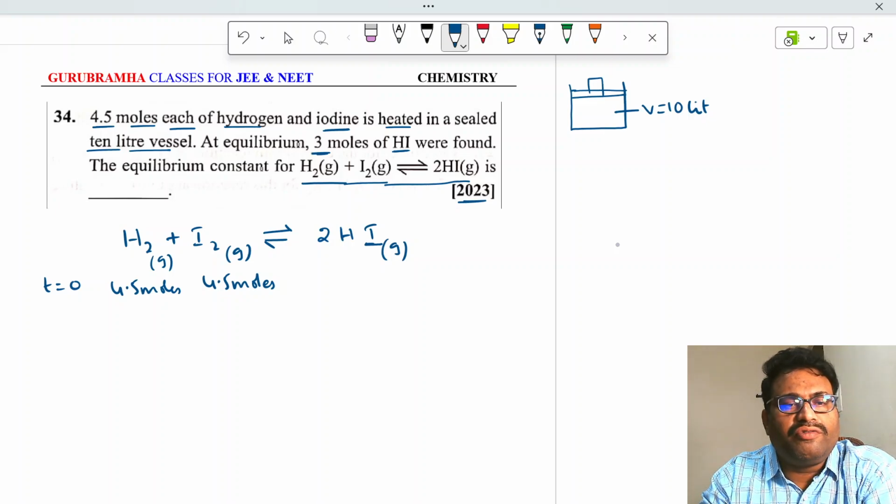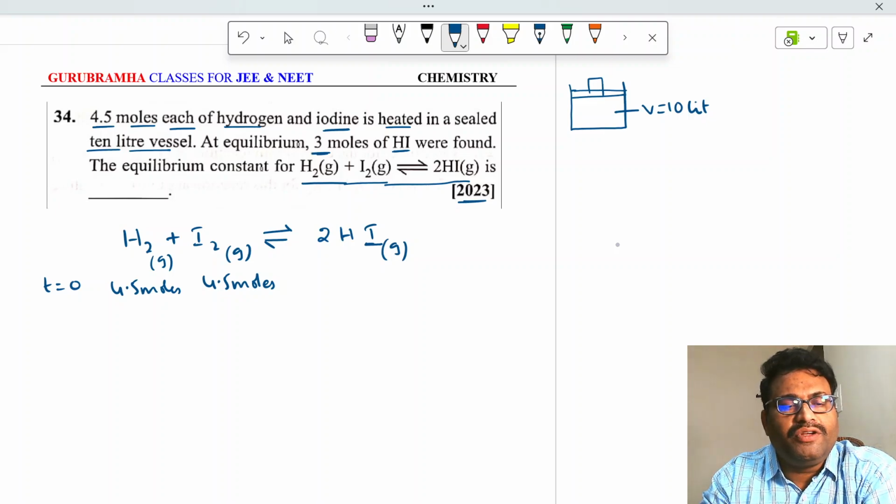So we have to carefully look into the question and see for which reaction Kc is asked. Here, clearly, the reactants are H2 and I2 and the product is HI for the forward reaction. For this given reaction, we need to calculate the equilibrium constant. So this point everyone has to remember.